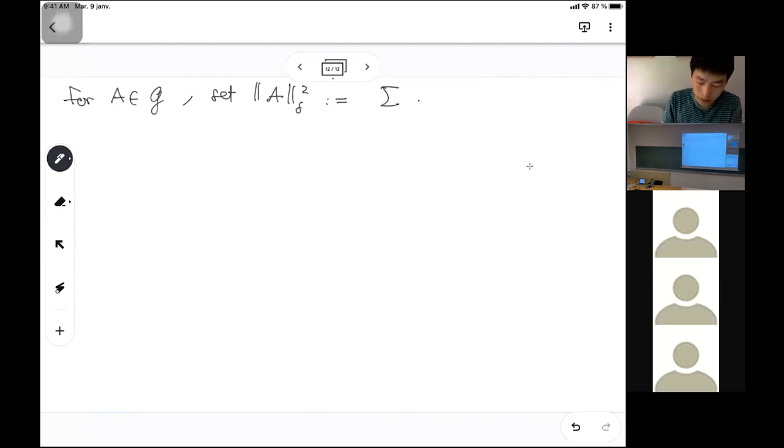So this is our metric, where you take the sum of the squares of your coefficients, but you weight it using a power of delta that depends on how deep you are in the matrix. Delta is a positive number. Once you have this metric at the identity, meaning on the Lie algebra, you get a left invariant metric on N automatically.